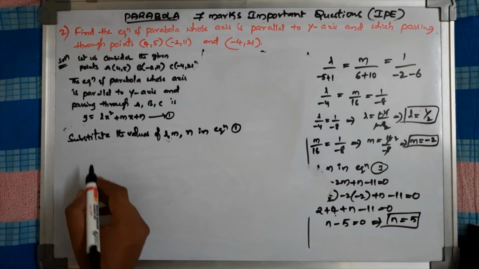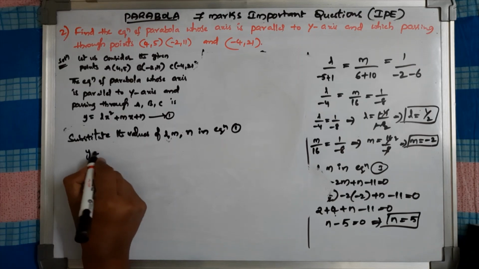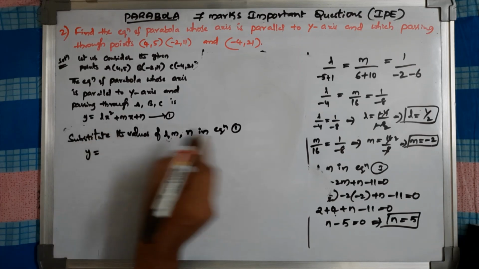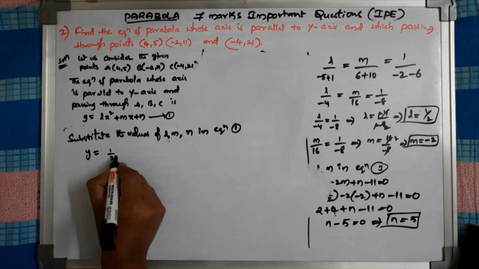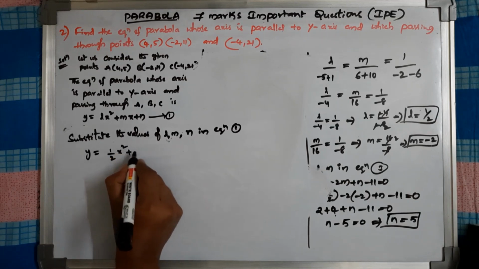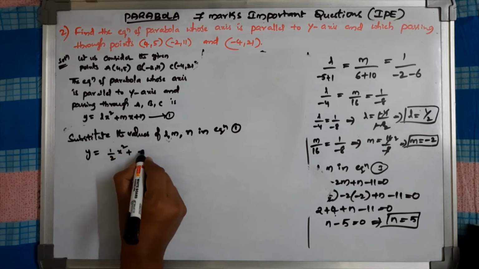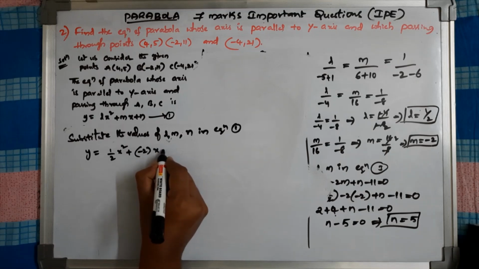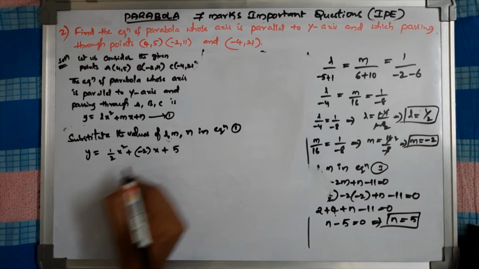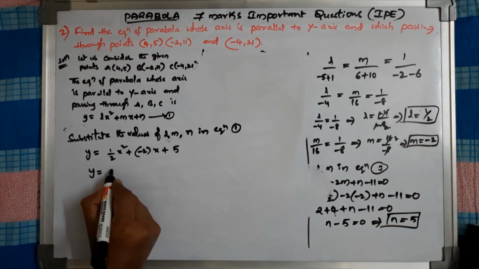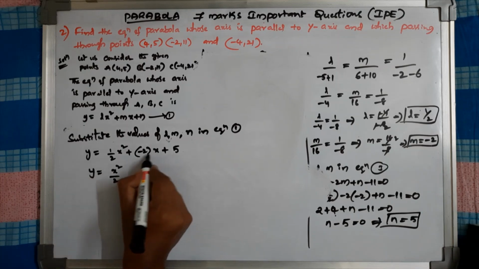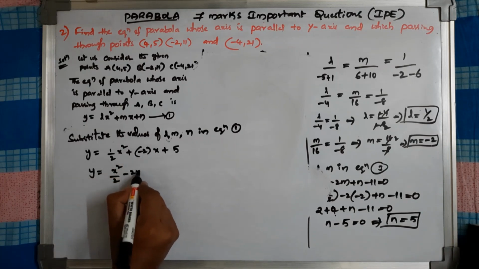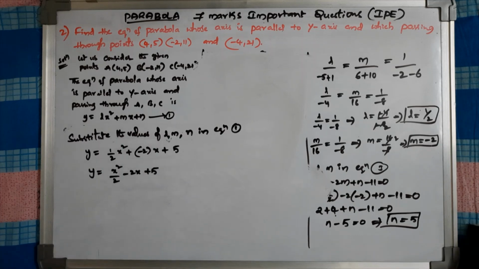So that you get y is equals to, what is the value of L? 1 by 2. 1 by 2 x square plus M value is minus 2 into x plus N value is 5. Y is equals to x square by 2 minus 2x plus 5, right?